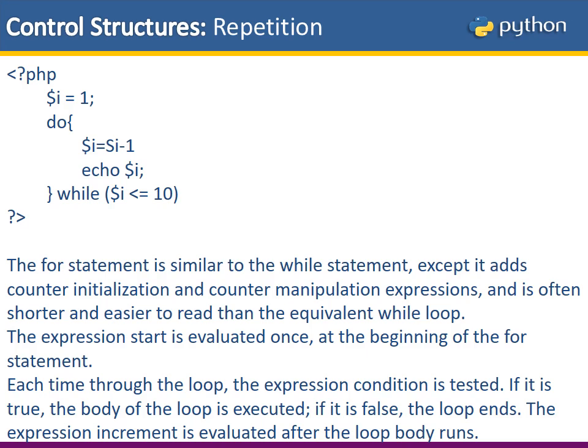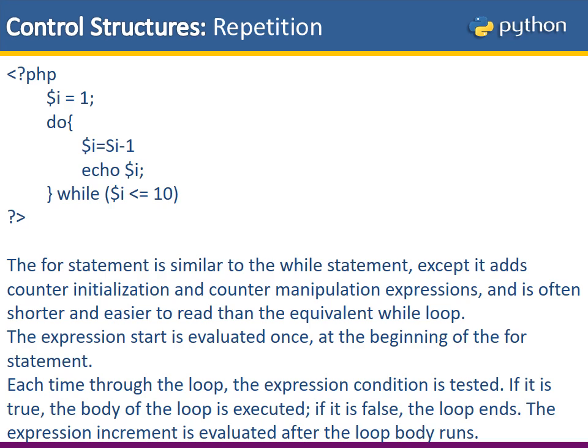The start expression is evaluated once at the beginning of the for statement. Each time through the loop, the condition expression is tested, and if it is true, the body of the loop is executed.